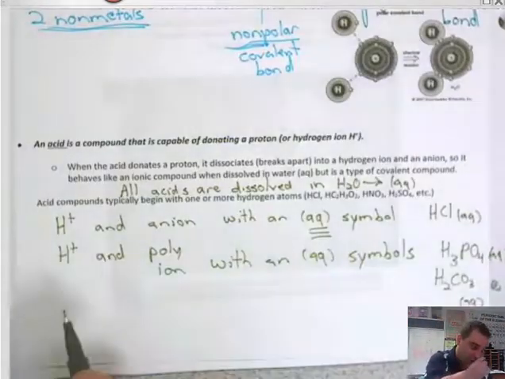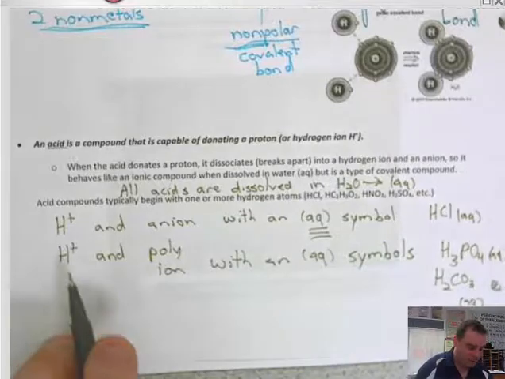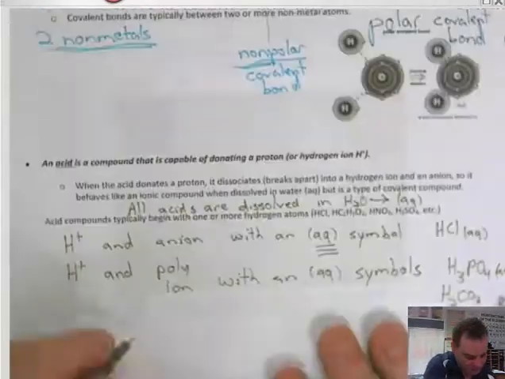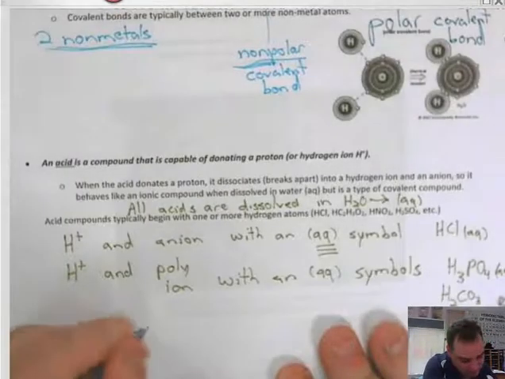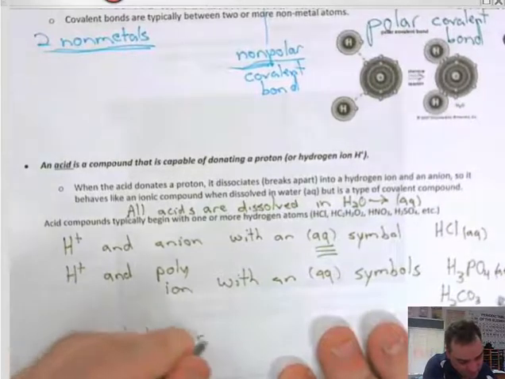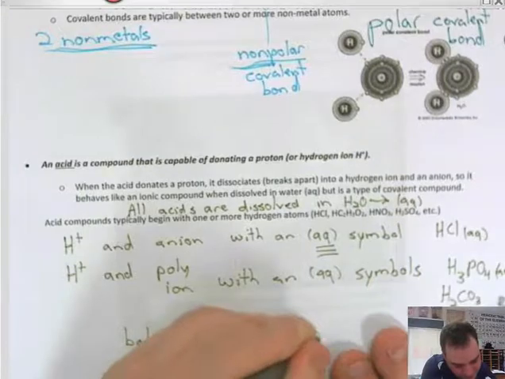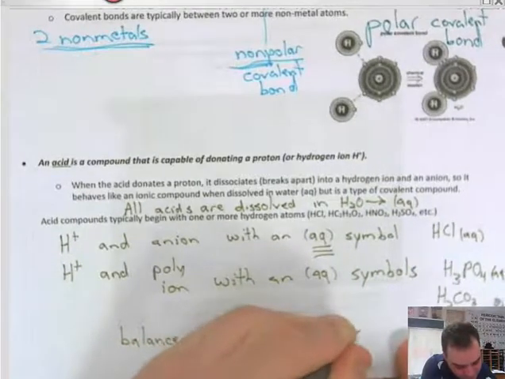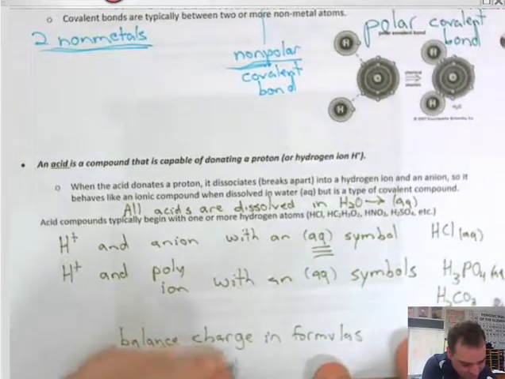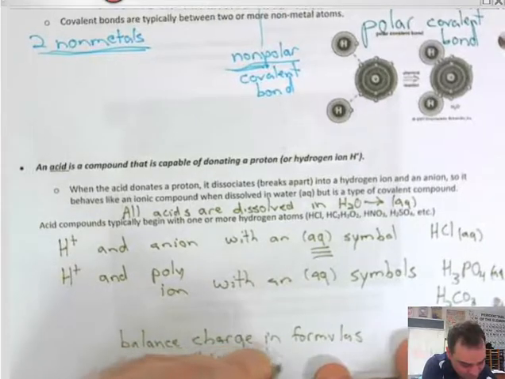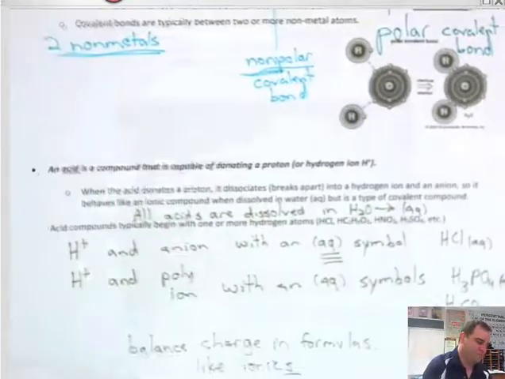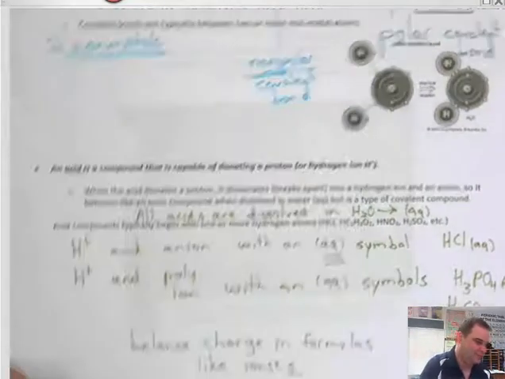But the big thing here is you're looking for acids. They have to start off with H plus. And then you have to balance charges in formulas, like ionics, because you have to gain and lose the same amount of electrons.